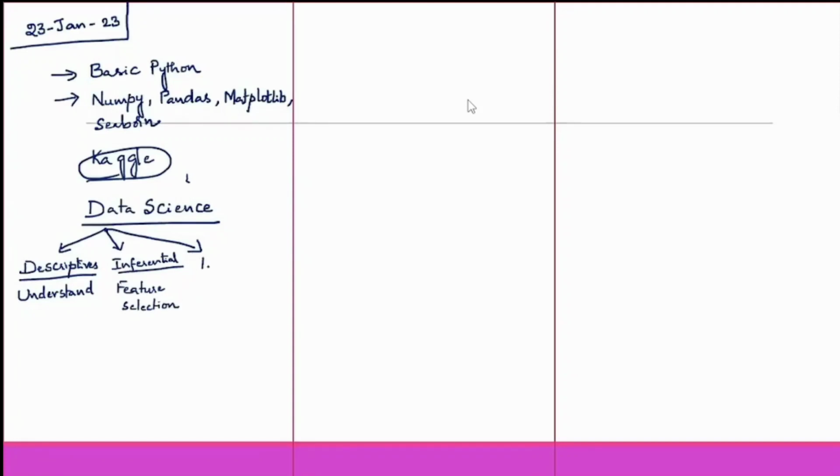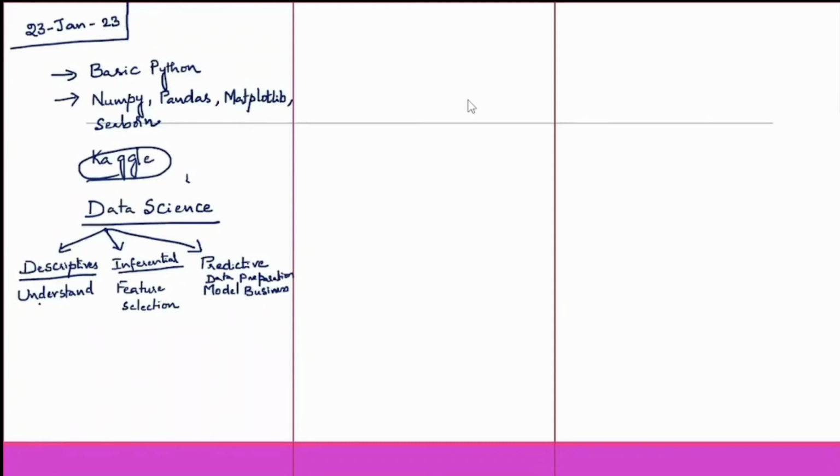And then we talk about predictive analytics, where we talk about model building, and possibly data preparation. So these are the various stages that come into picture.